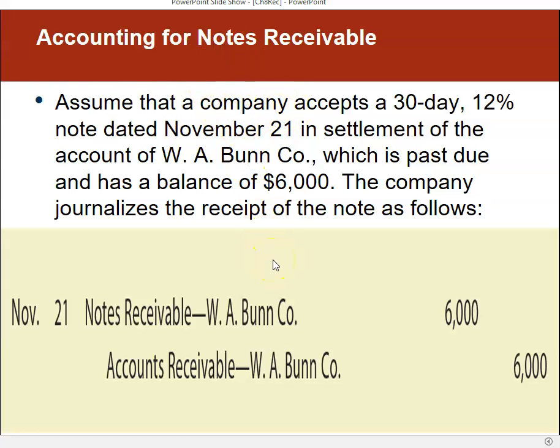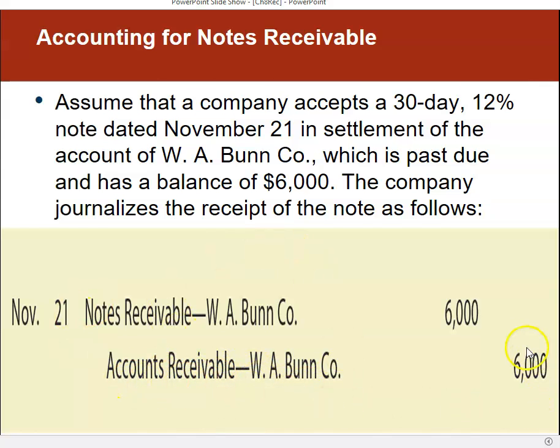But what they've done here is they said, we want to get this account receivable off of our books, but we don't want to just forgive it entirely. So they have essentially loaned W.A. Bunn the money to pay themselves back. And so what that does is it reduces or eliminates the account receivable.